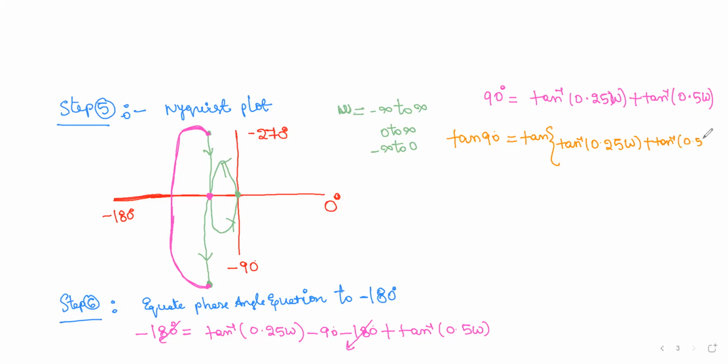Okay, so it looks like a tan A plus B equation. So what is tan A plus B? Tan A plus B is tan A plus tan B by 1 minus tan A tan B.